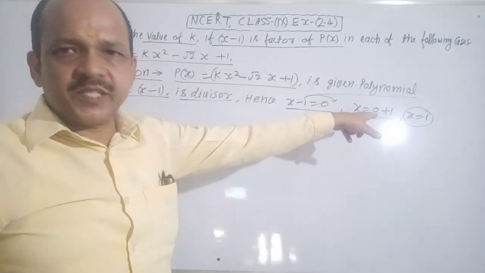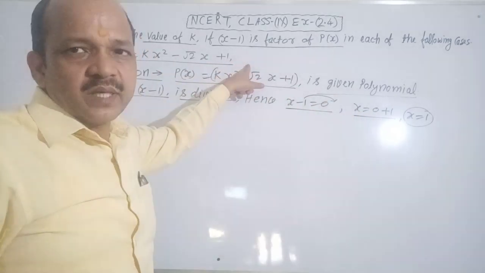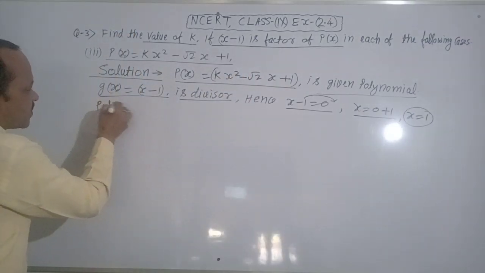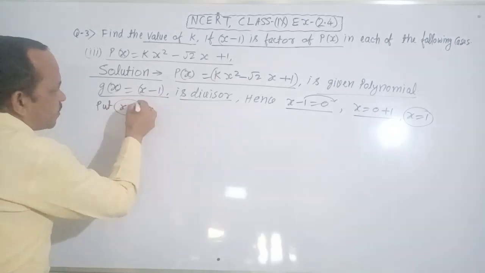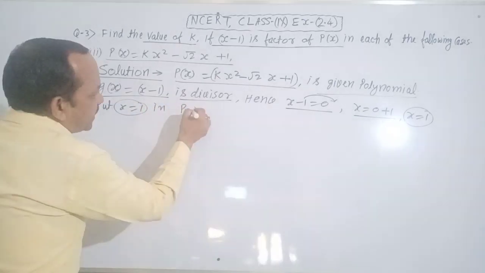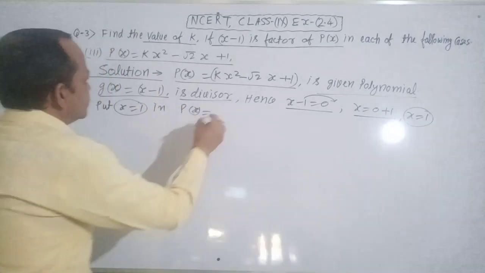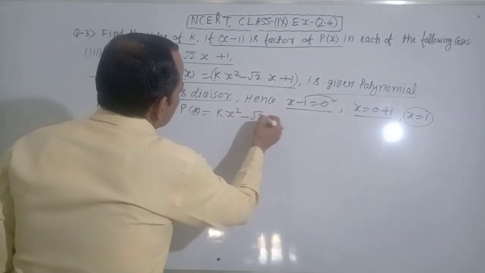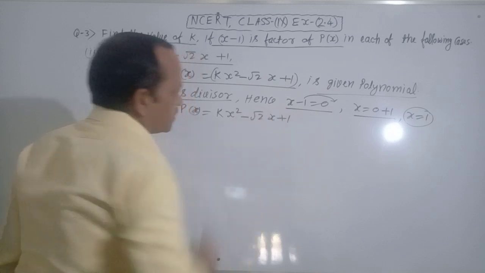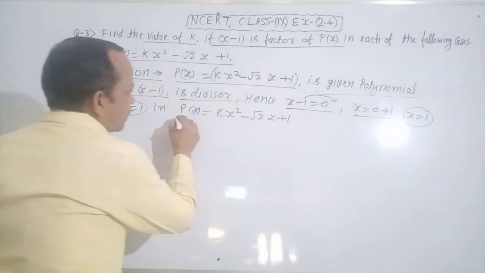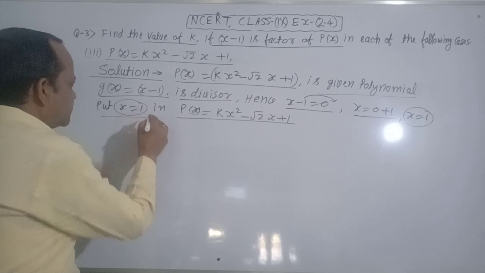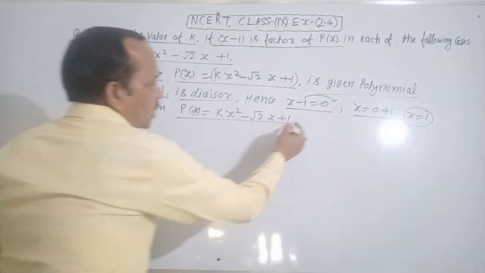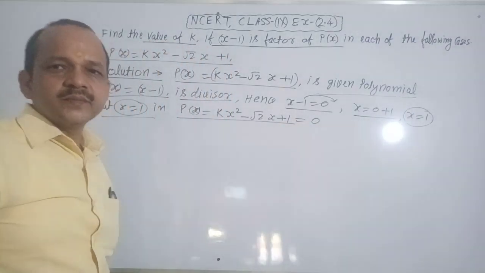Now you put x equals 1 in the given polynomial. Clear? Put x equals 1 in p(x) equals kx square minus root 2 x plus 1, equal to 0.